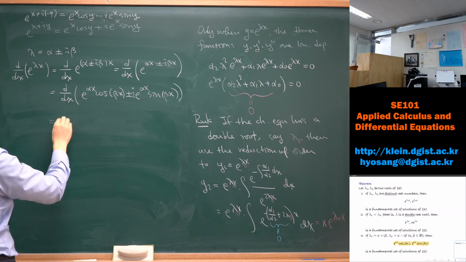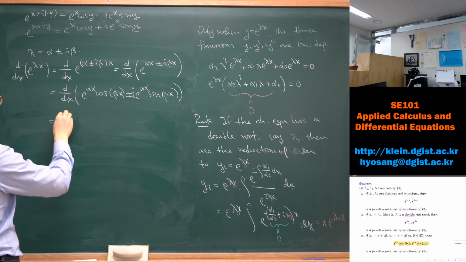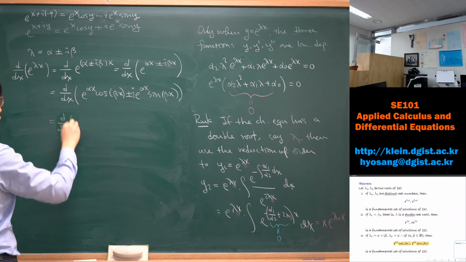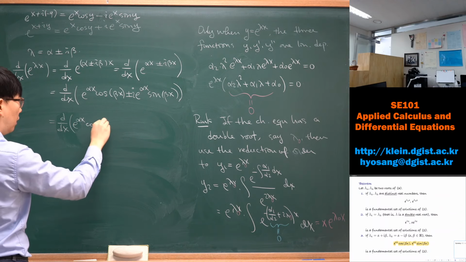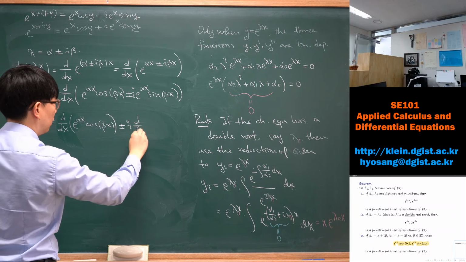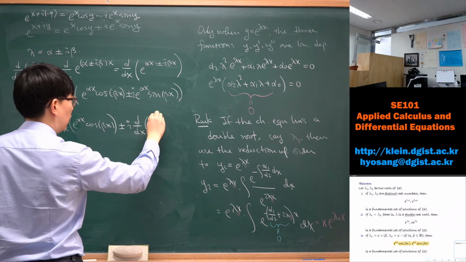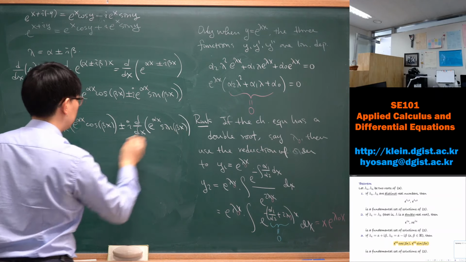So here you take a derivative of each part: e to the alpha x cosine beta x plus minus I times the derivative of e to the alpha x sine beta x.